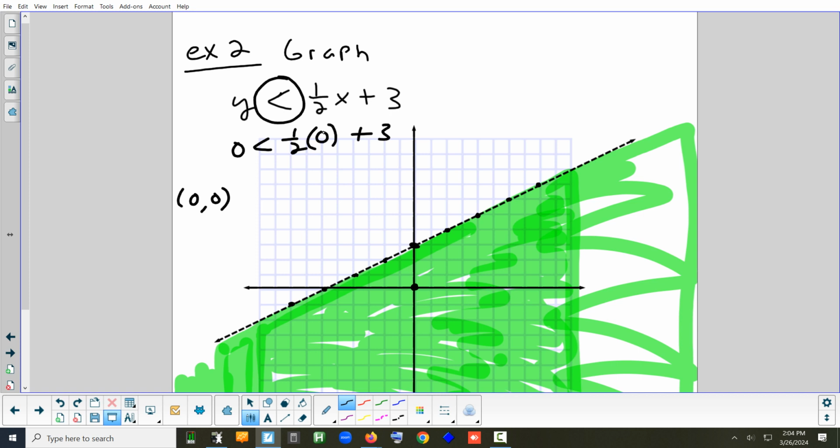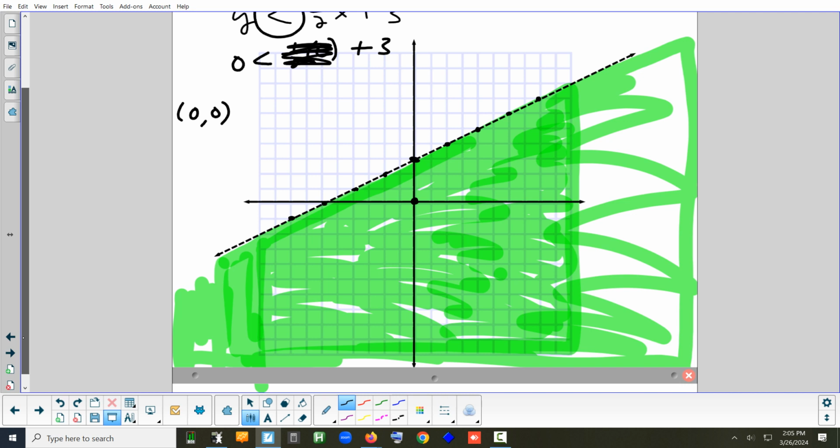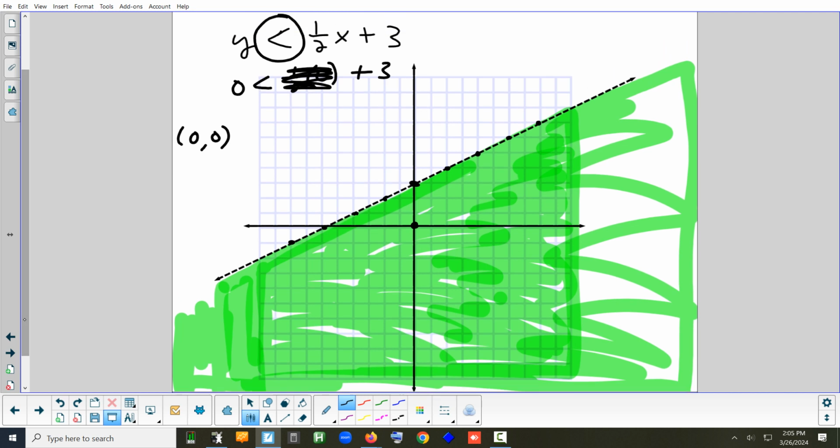What's half of 0? 0. Is 0 less than 3? Yes, of course. You could also do 1, 1. You could pick any point that's in the green. If you pick a point that's not in the green, then it wouldn't work. So the green represents all the solutions to this problem.